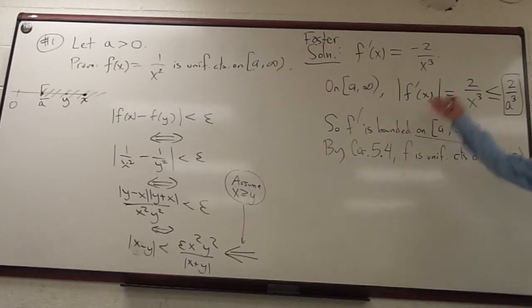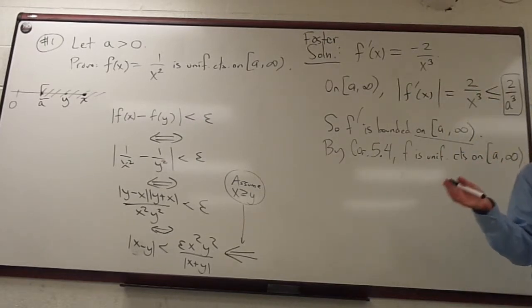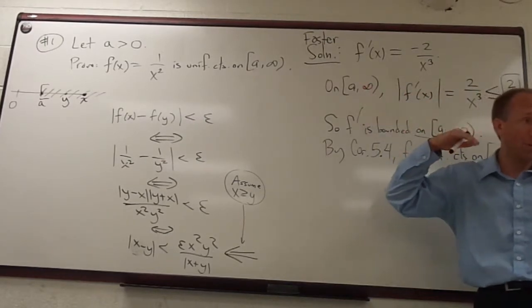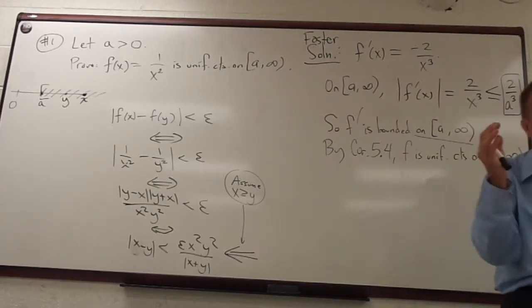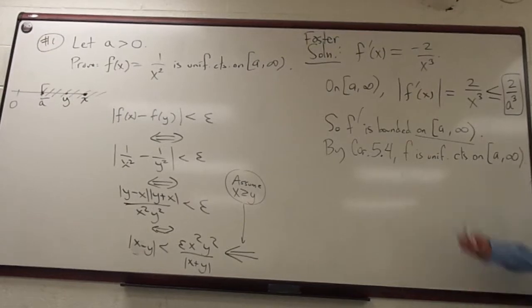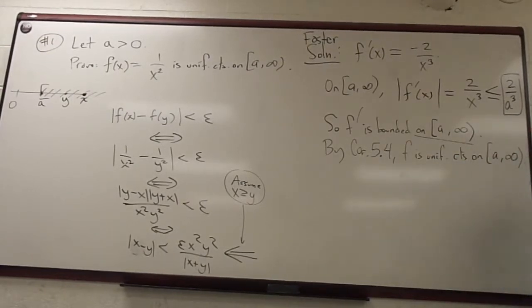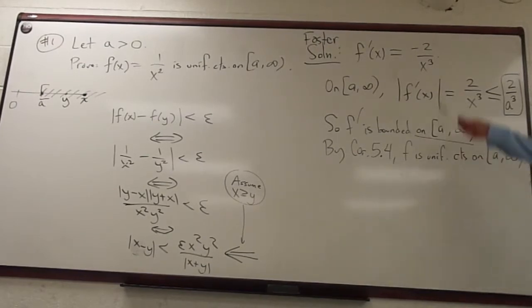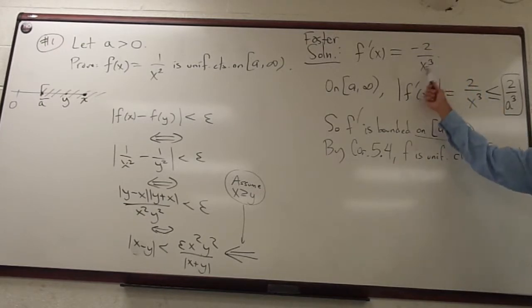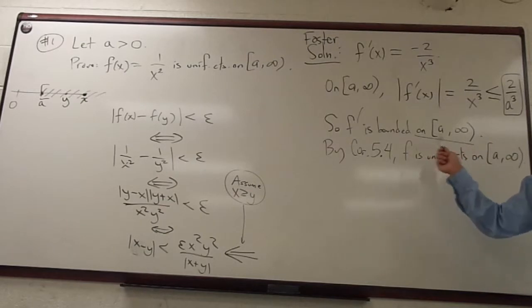It might exist almost everywhere in the domain, but if there's even one point where it doesn't exist, you can't use the corollary. You'd have to change your domain to exclude that point and then show me that the derivative exists everywhere in that interval and was bounded there. Here, we know the derivative exists everywhere that it's defined, as long as x is not 0, which is perfectly fine for this interval.